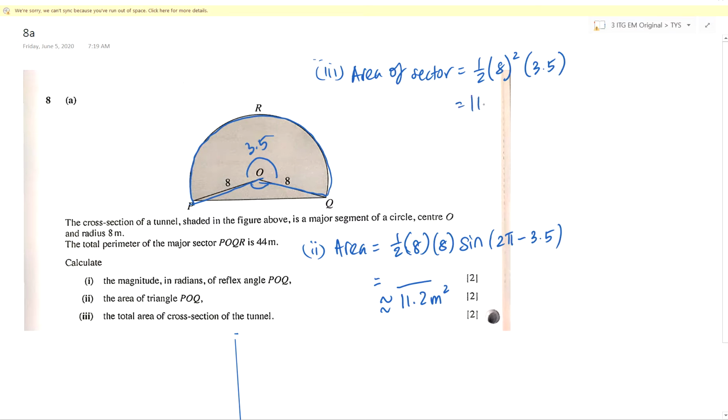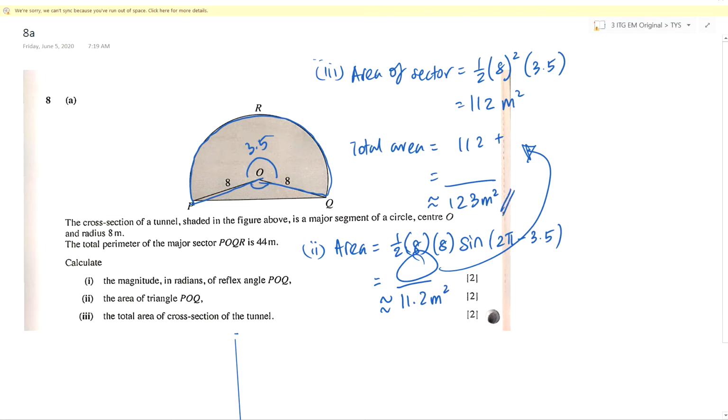So this is 112 square meters. Total area will be 112 plus our value over here. Before you round it off, get another value, and finally you round it off to become 123 square meters.